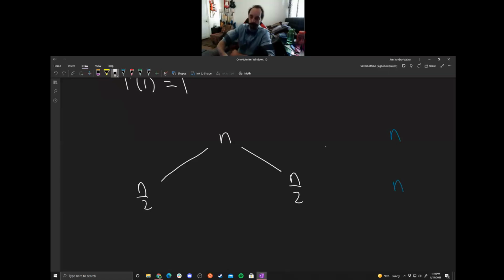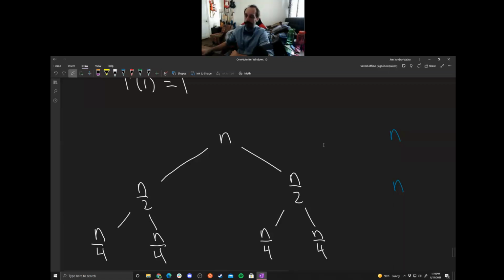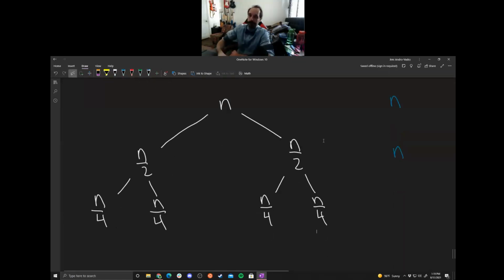Let's do one more expansion. So we're going to have n over 4, n over 4, n over 4, and n over 4, like that. And if we add these up, it'll also give us n. So we can see a very nice pattern. Every level, we're going to have n as our sum.